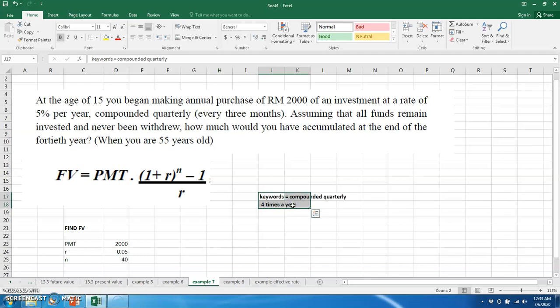Let me open the textbook page. Page 165.